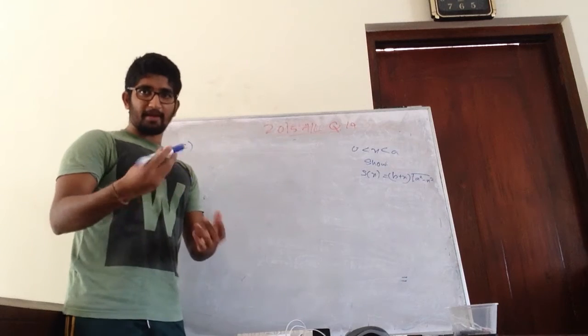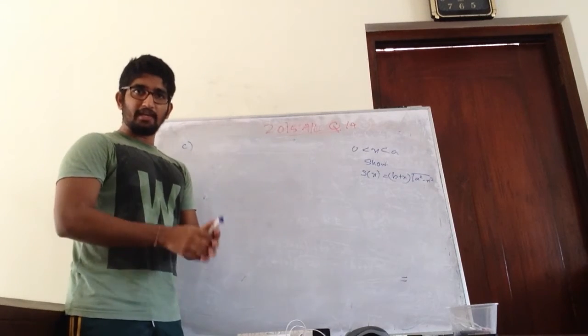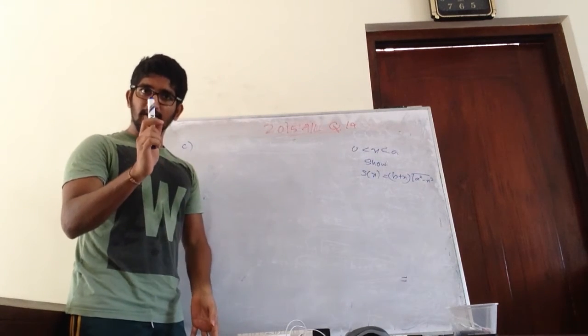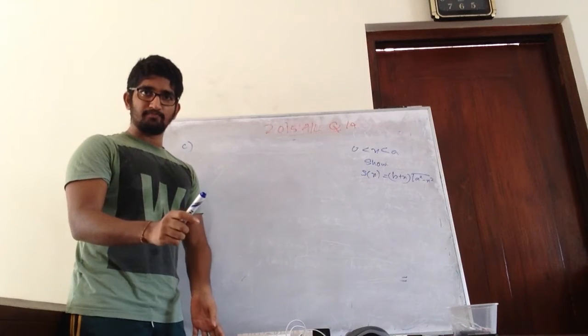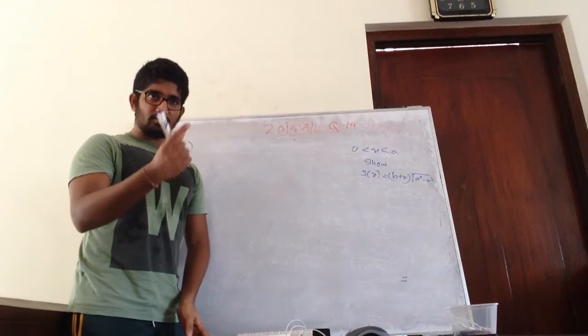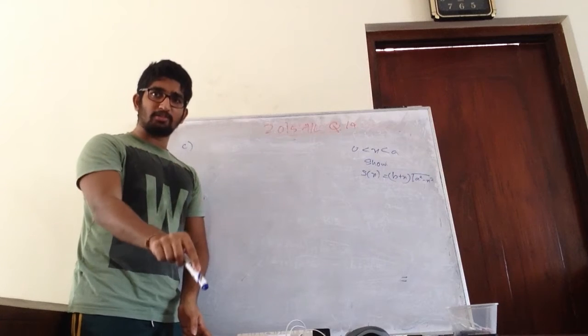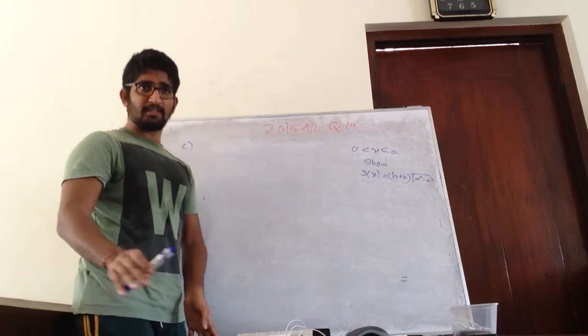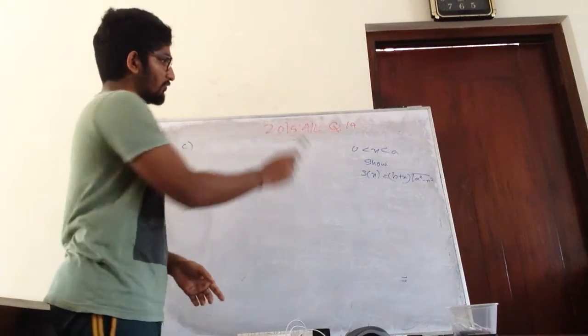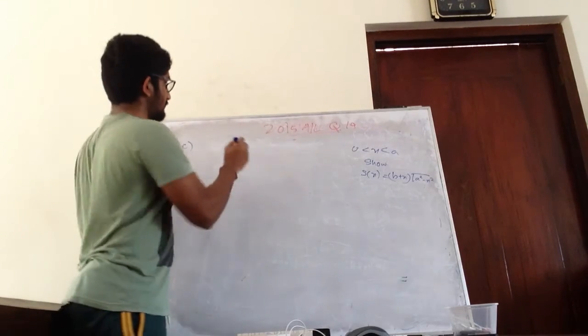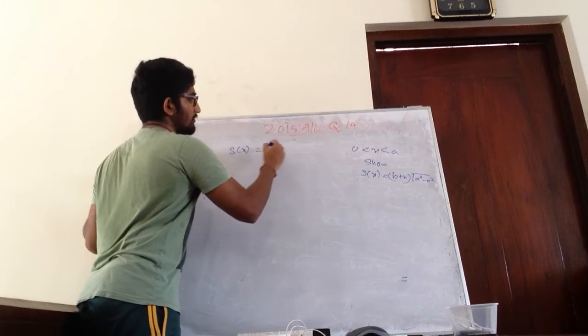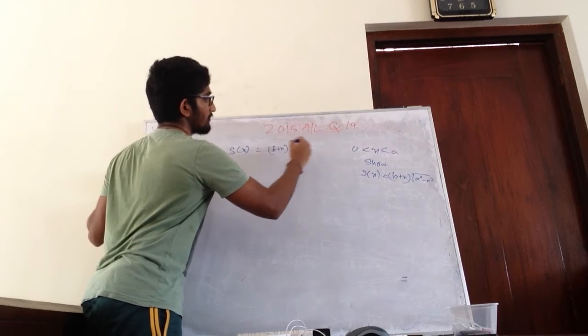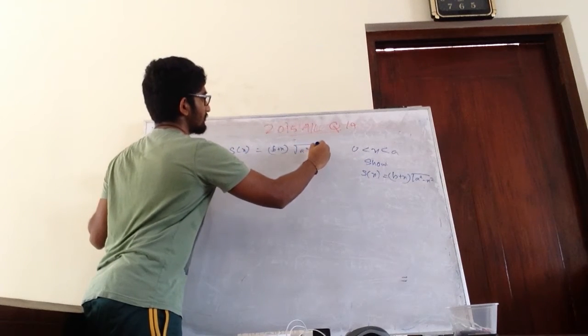So in order to get the maximum or minimum, you need to take the differentiation. When you differentiate and equate it to 0, only then will you get the maximum or minimum point. So the theory doesn't change. Because of that, I'm going to differentiate this. Sx is (b plus x) times the square root of (a squared minus x squared).